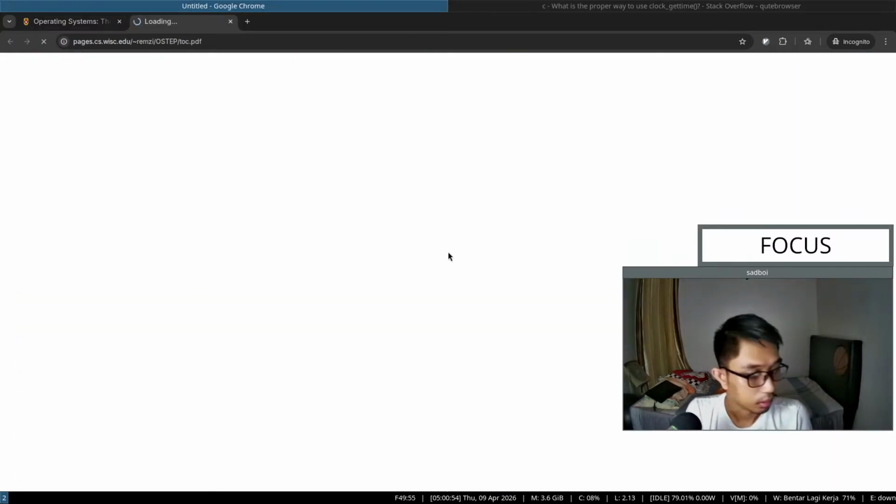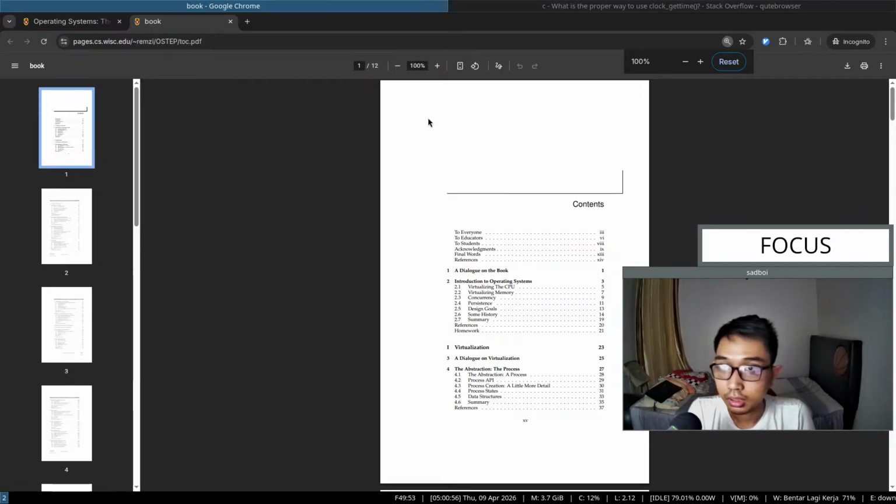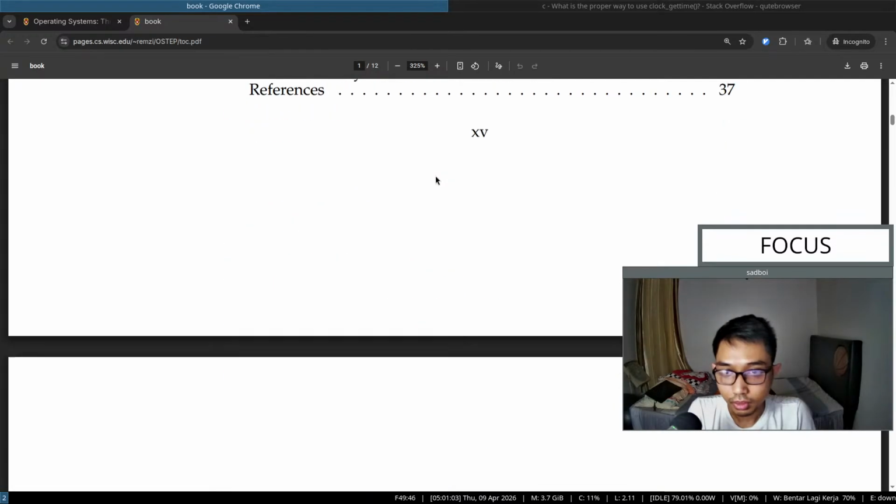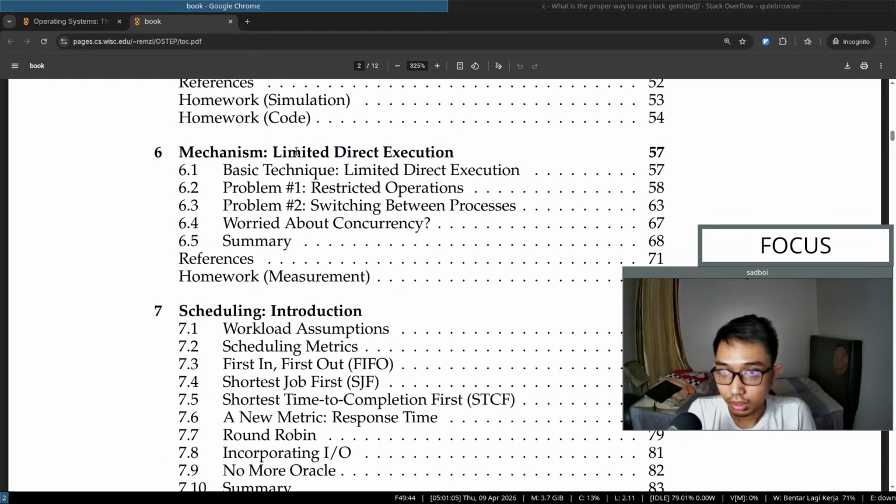Let me open the table of content first. Okay, we are on chapter 6 here, and currently on homework measurement.